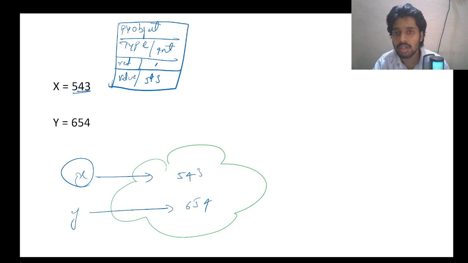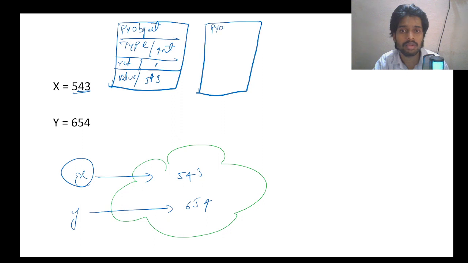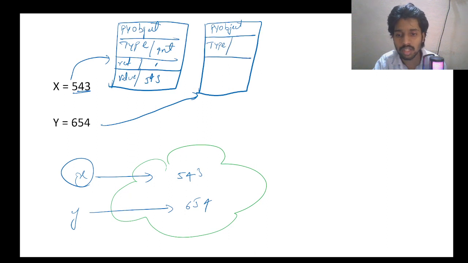543. At the same time, in the same manner, another object will be created inside the memory. PyObject. For this one, this is for this one. Type, what's the type of this object? The type of this object is integer.